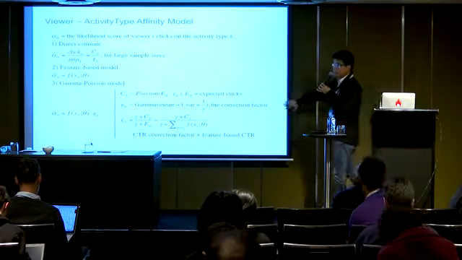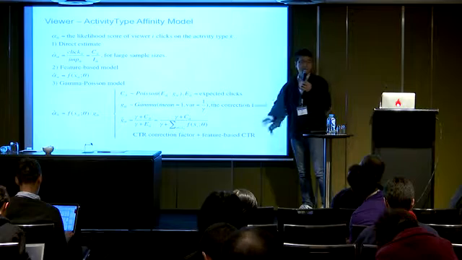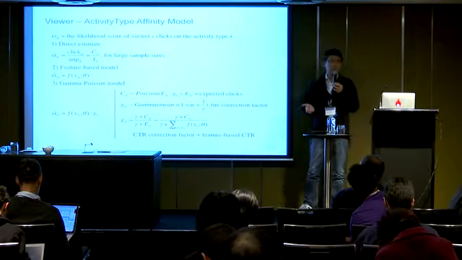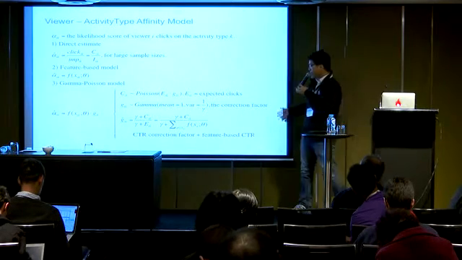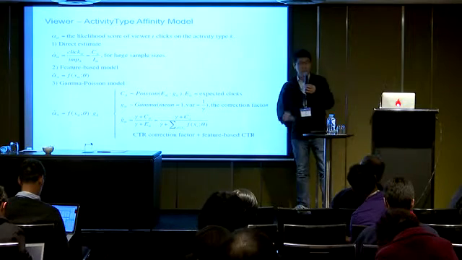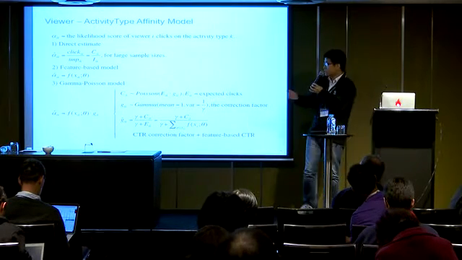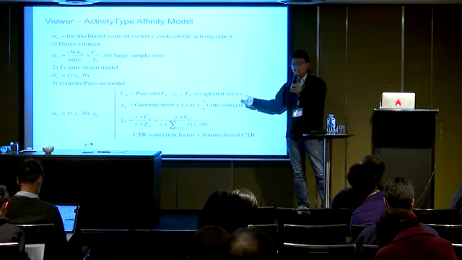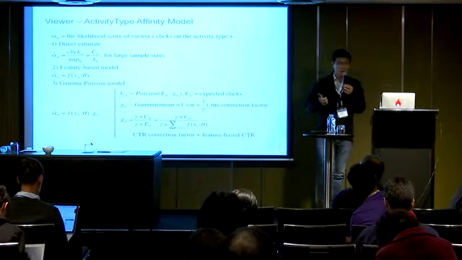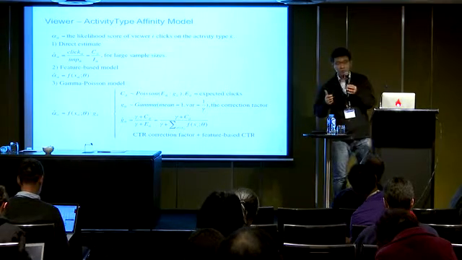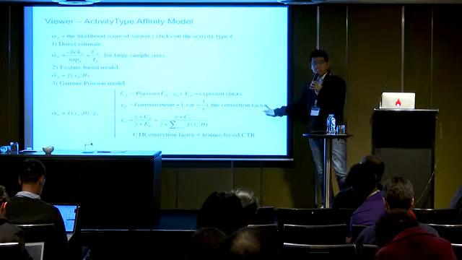So this model is very nice. It's a good balance between the cold start features and the warm start features. We can use the cold start features to build the prior model to compute the F part, and then use the interactions between the viewer and the type to compute the correction factor.